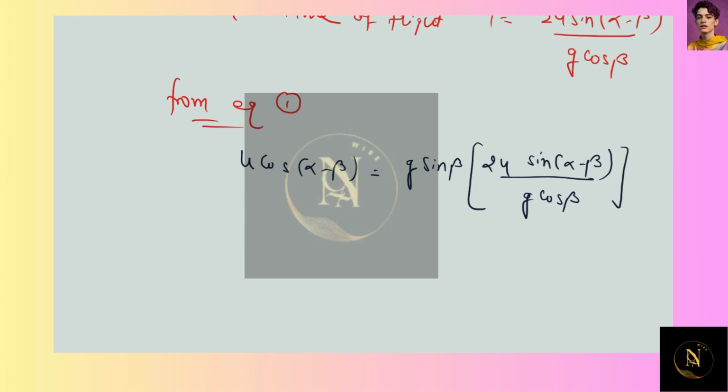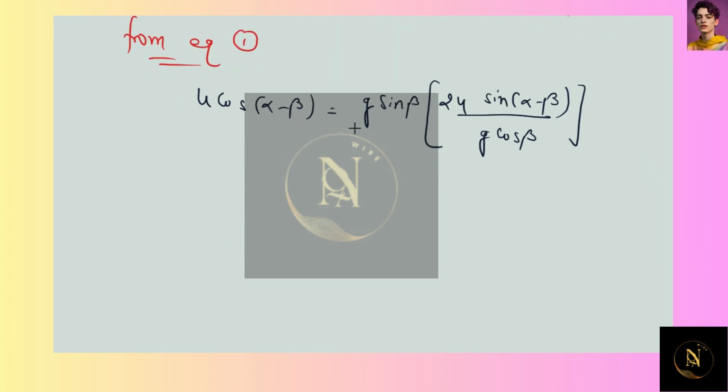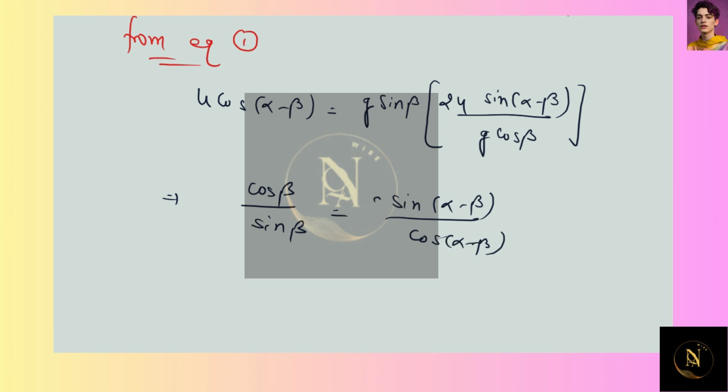or we can say that u will cancel out. So finally, we get cos beta upon sin beta is equal to sin(alpha minus beta) upon cos(alpha minus beta) into 2.